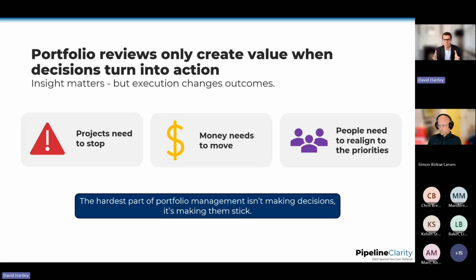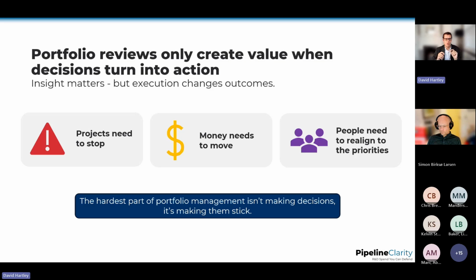It's all nice to get into a room and have a conversation about what we want to prioritize. But ultimately, unless projects stop, unless money moves, and unless people realign to the priorities, then you haven't actually impacted the business. And so this points to one of the hardest challenges in portfolio management, which isn't about making the decisions themselves, but making them stick in the organization.